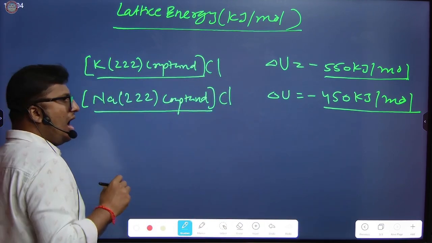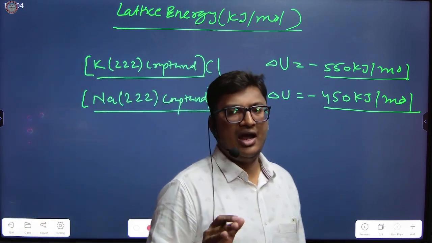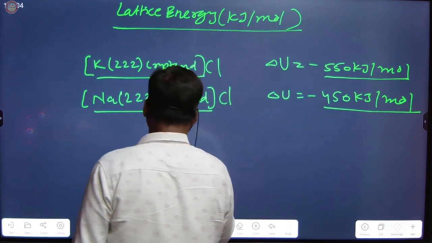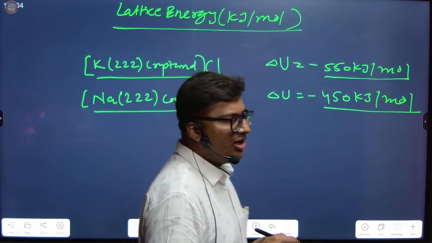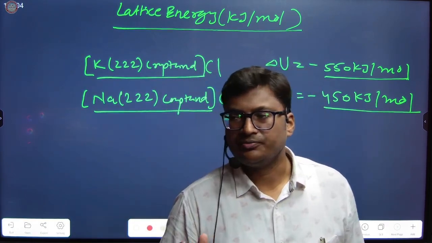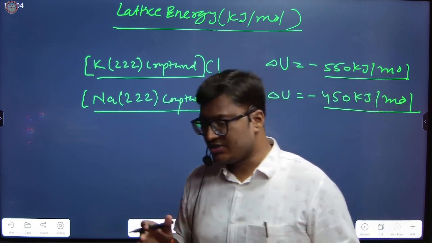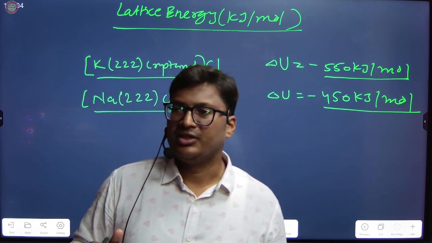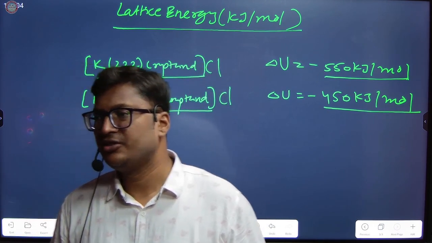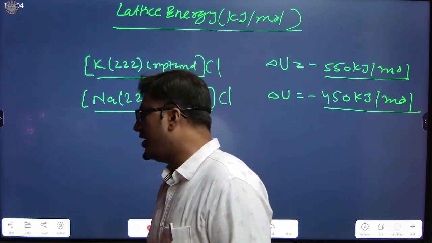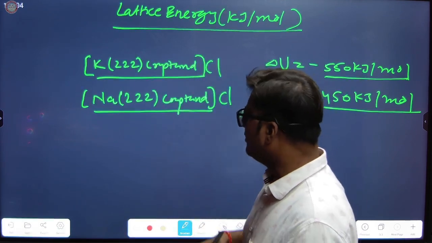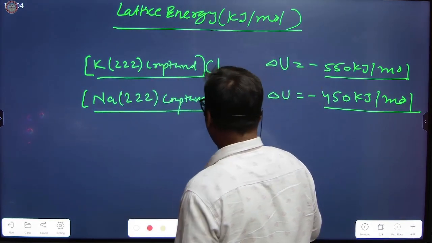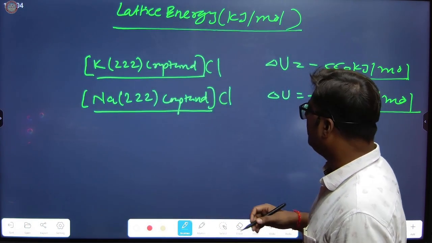So all alkali metal cryptates have low lattice energy compared to normal ionic salts. Normal ionic salts follow some trends as the charge and size of the cation and anions and interionic distance. But in case of cryptand, the interionic distance is very, very large.